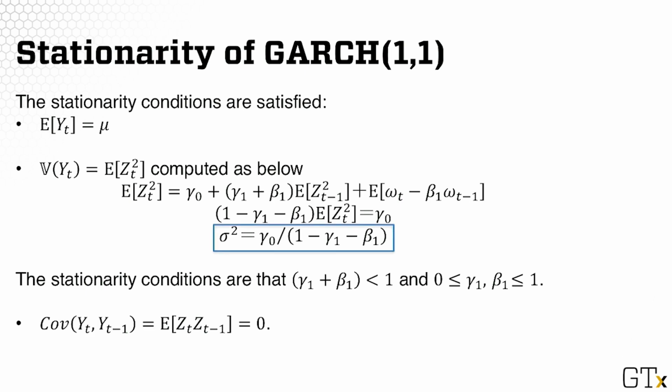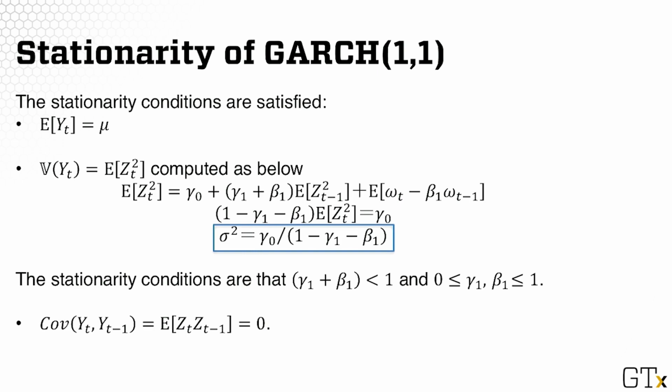From this derivation, we have a condition on the marginal or unconditional variance of Yt and the GARCH coefficients gamma 0, gamma 1, and beta 1. Specifically, the unconditional variance is equal to gamma 0 divided by 1 minus gamma 1 minus beta 1.